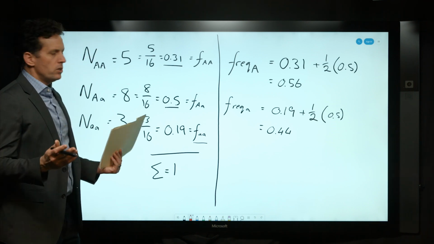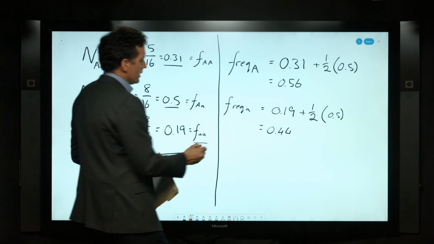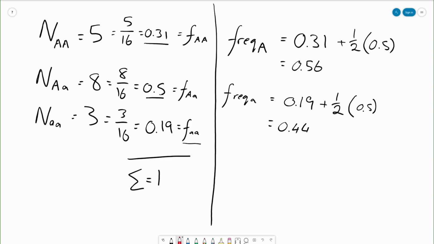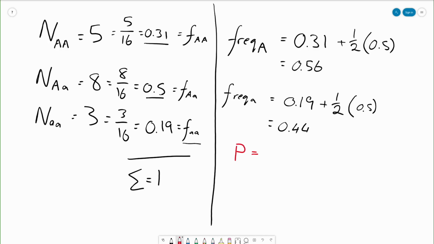So typically we talk about allele frequencies as being P and Q. In this case, typically we talk about the high frequency allele as being P. And as you can see in this formula, the P allele is present at the frequency of the big A genotype plus half the big A, little a heterozygous genotype.